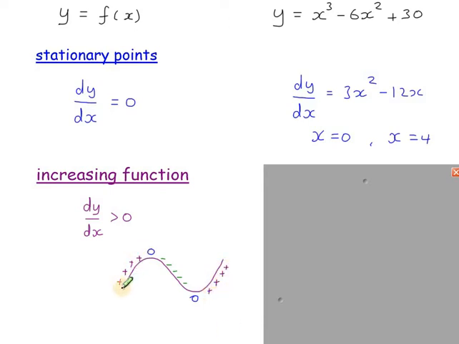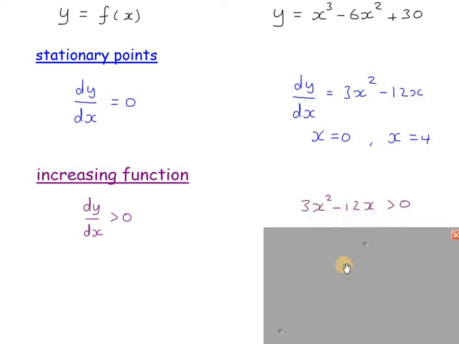So it's an increasing function here and here, and it's a decreasing function here, and we have stationary points here and here.